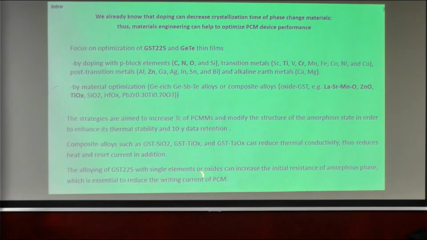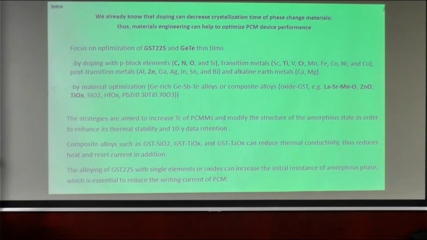Also, alloying GST with single-element oxide materials can increase the initial resistance state of the amorphous phase, and this will also help in the reduction of the reset current of PCM. So again, we have the effect of Joule heating, and if we have a high resistive amorphous phase, we can effectively melt it because of this high resistance of the amorphous phase.